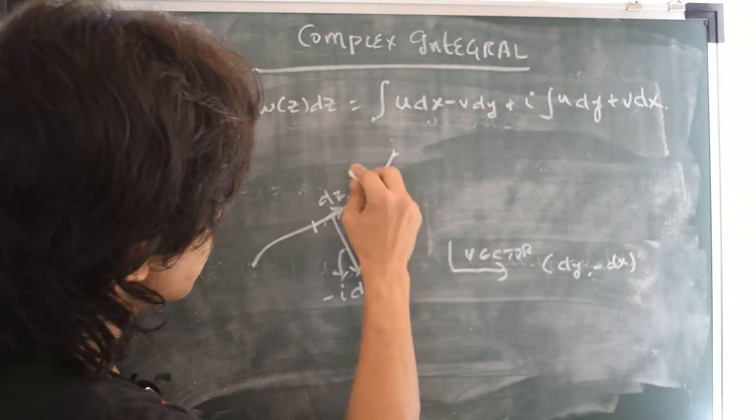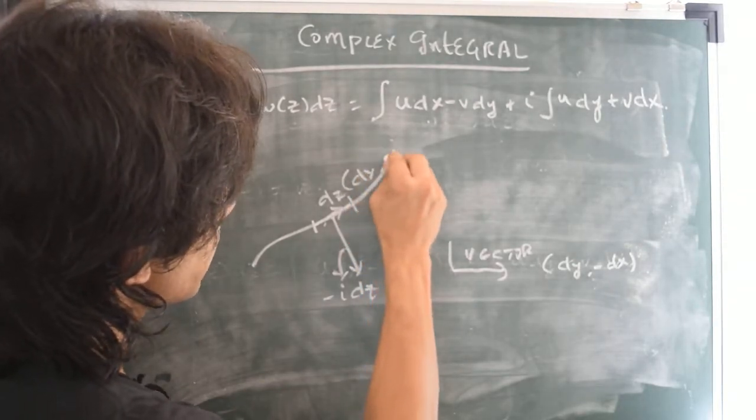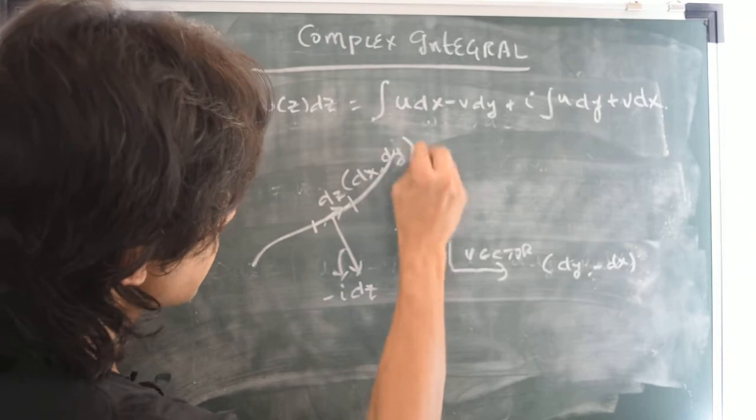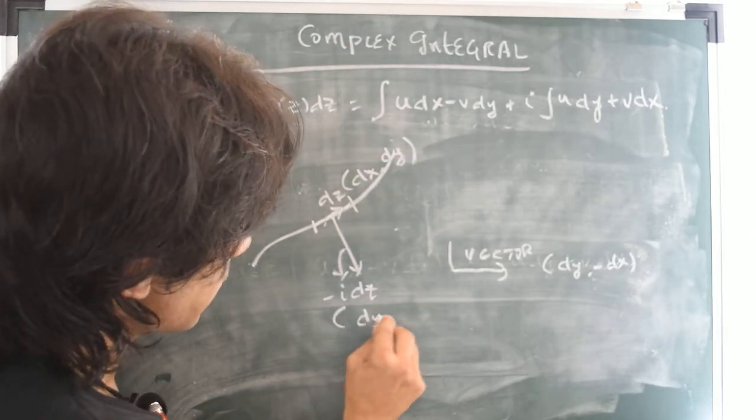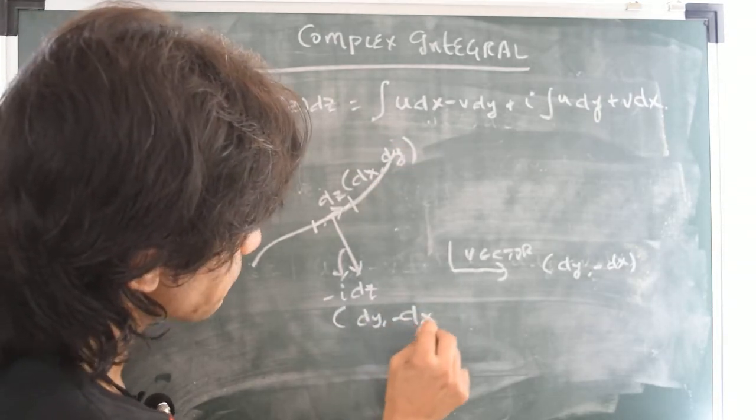So dz we can denote with the vector (dx, dy), which lies along the tangent to the curve, whereas the normal is the vector (dy, minus dx).